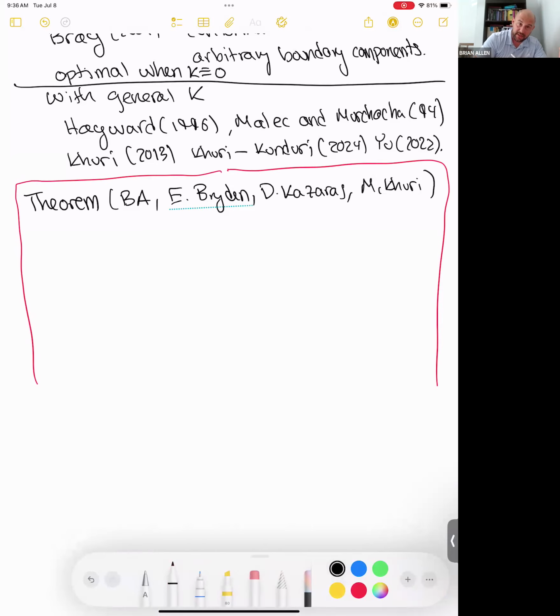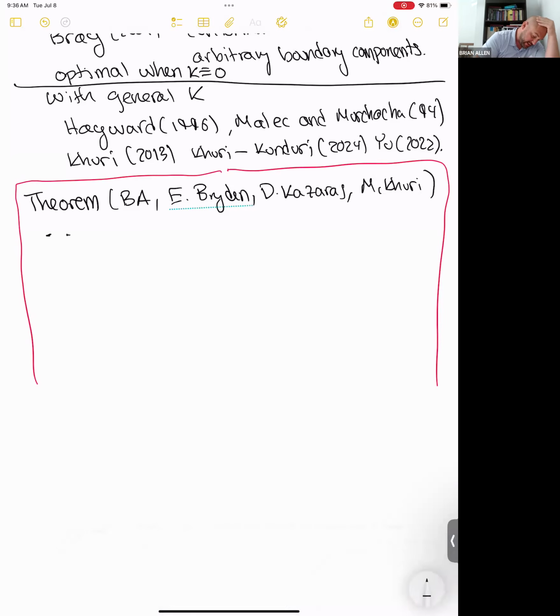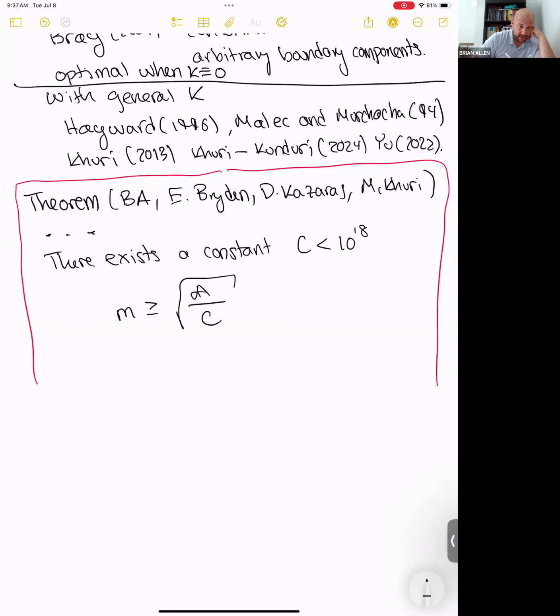The theorem says the following. Under those conditions that I've already stated above, there exists a constant C, which is less than 10 to the 18th, but of course we're saying that because it's on the order of 10 to the 18th, such that M is bigger than or equal to the square root of the same A that I defined before over C. Again, I've already defined these things, so let me not write them again.